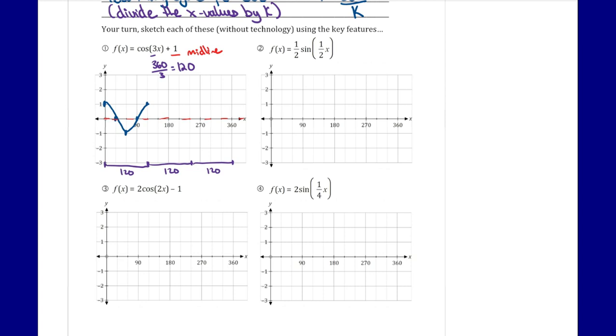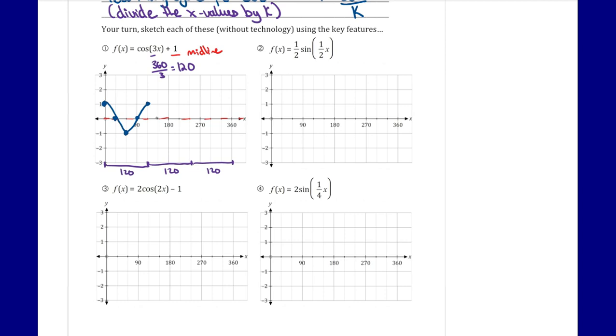So all of the x values have been divided by 3, which makes sense because I've put 3 cycles into 360 when there used to be 1. They're only allowed to take up a third of the space they used to. So all of the x values have been divided by 3 from my original base function.